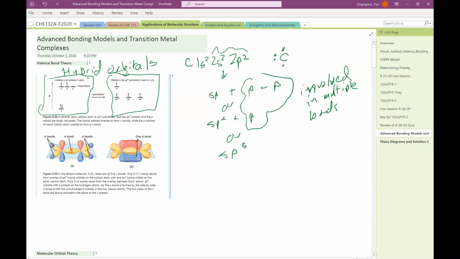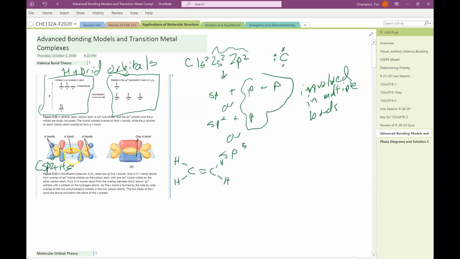So you have the compound ethylene here, which we could write the structure like this. And what we say is going on here is that we have a sigma framework, which is formed by the sp2 orbitals interacting with either an s orbital in a hydrogen, like right here. This is sp2 from the carbon interacting with a hydrogen s orbital.